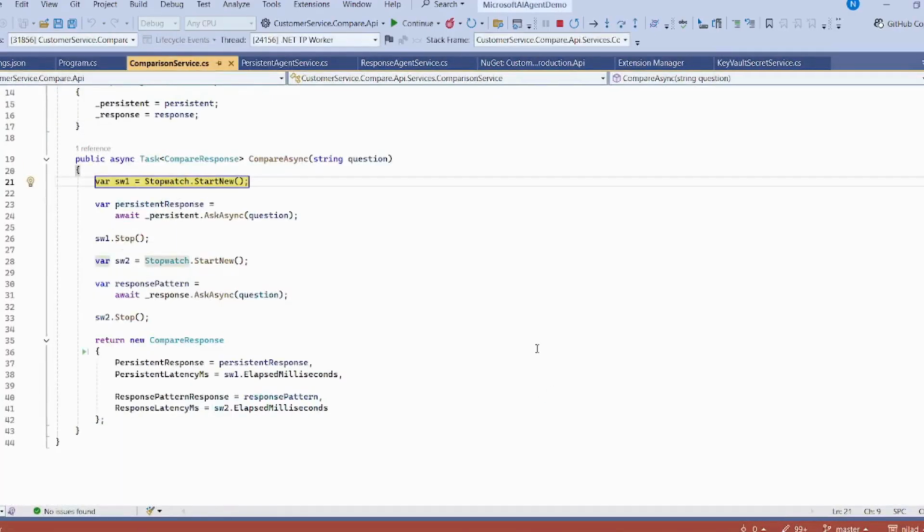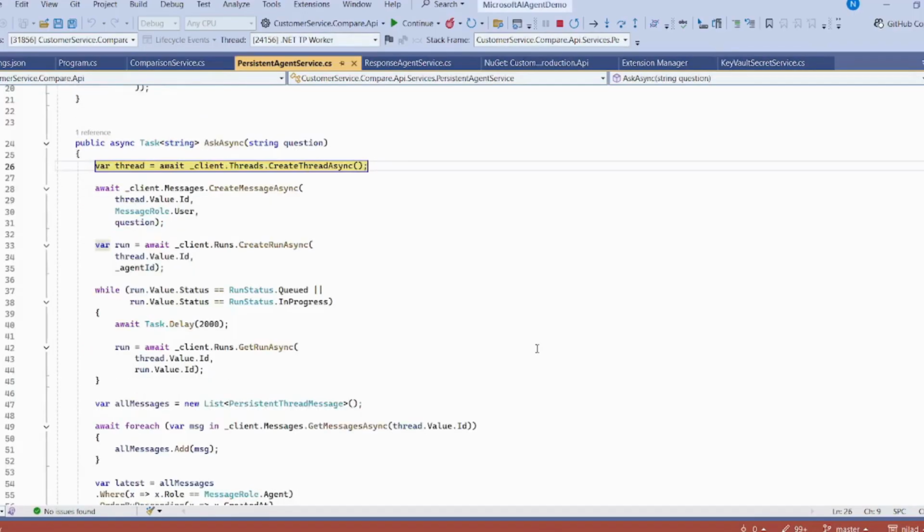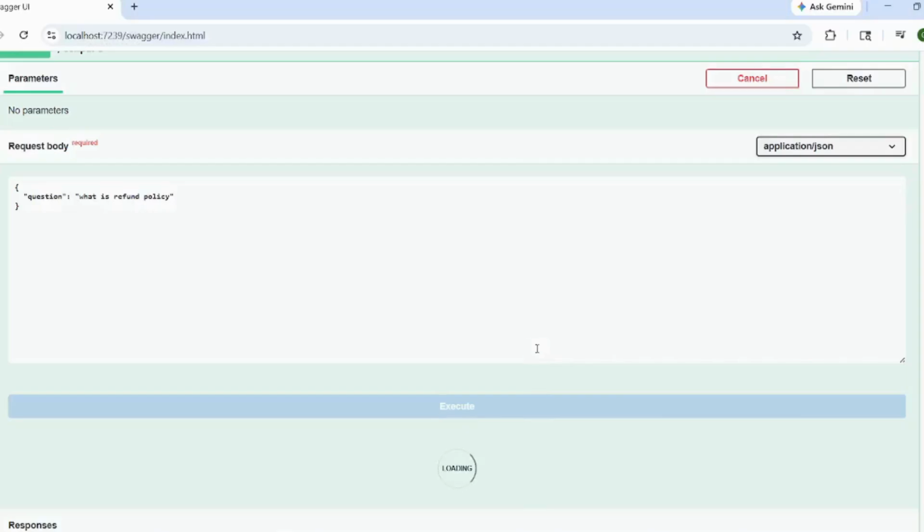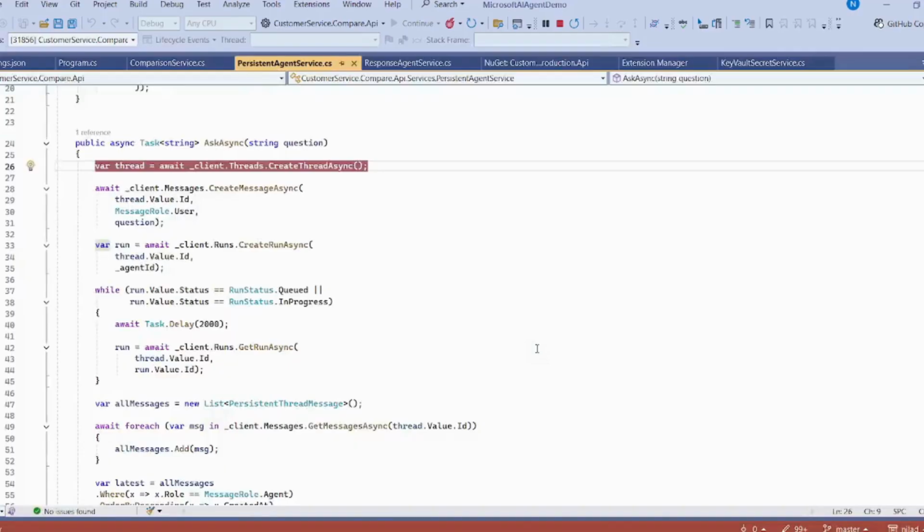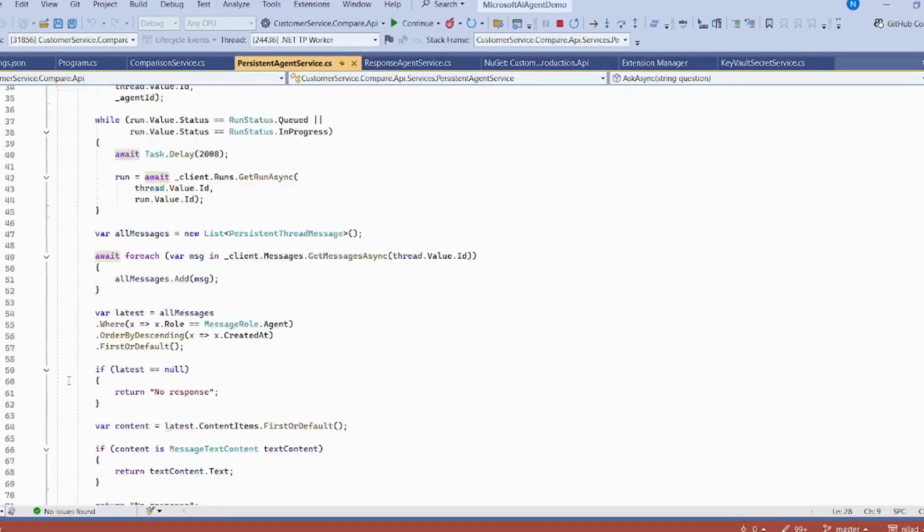See, first it will hit over here. Same code like day 2.